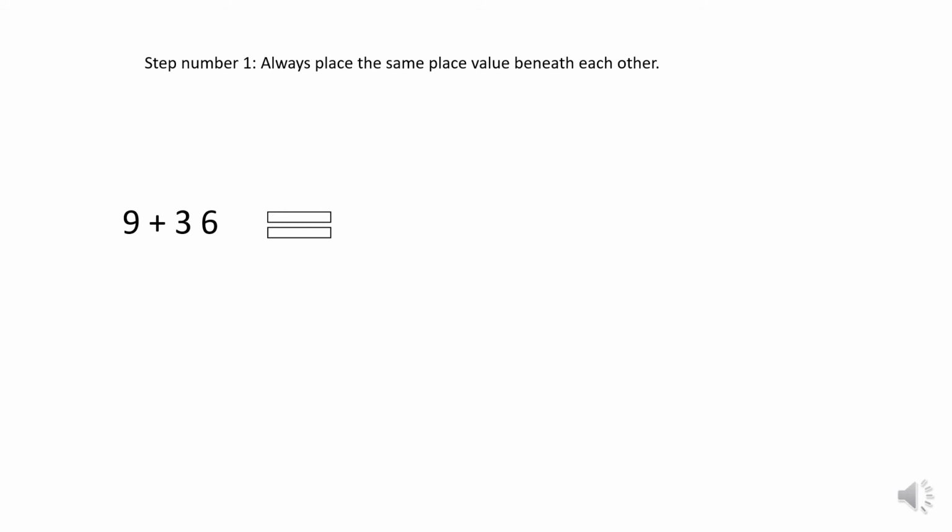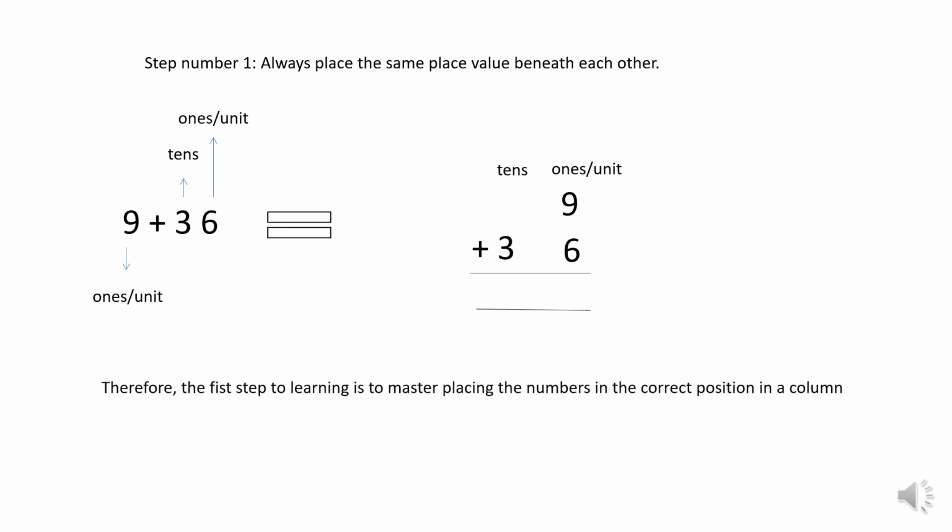For example, the 9 is under the ones or unit value, and from 36, the number 6 is a ones or unit value, so these two should be placed underneath each other, like so. 9 plus, you add the 6, and then you put the 3 in front of the 6 in the tens position, and you draw two lines underneath 36, or the last number that is there. So, therefore, the first step to learning the column method is to master placing the numbers in the correct position in a column.